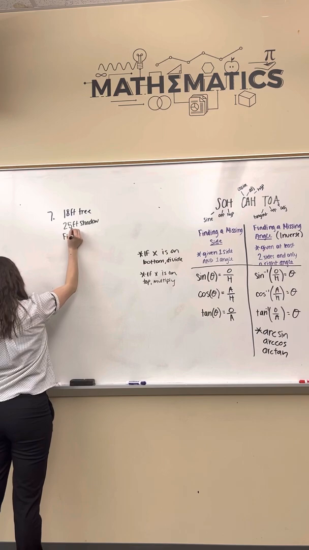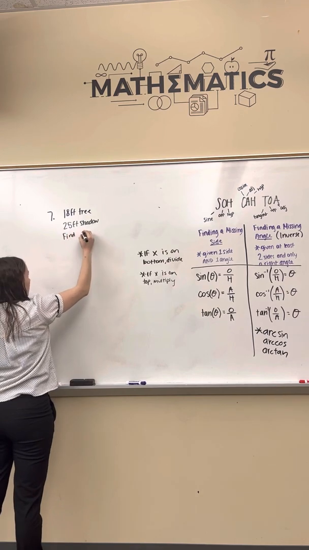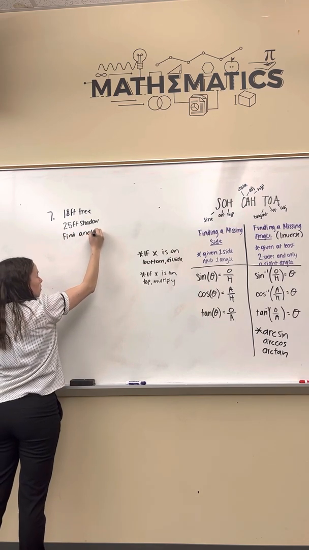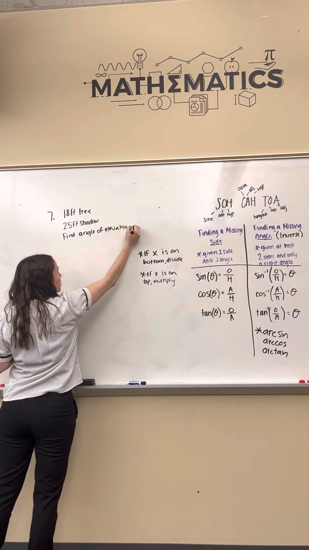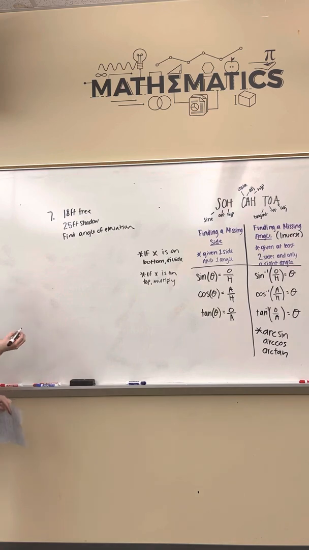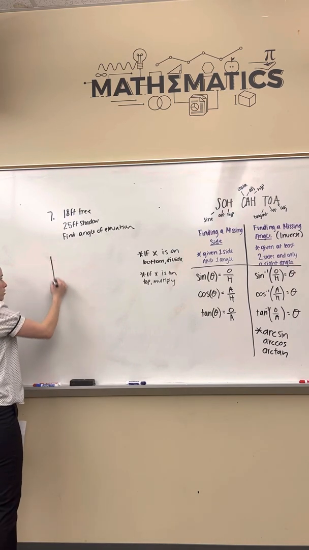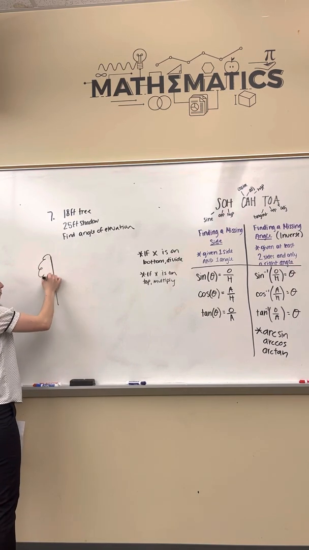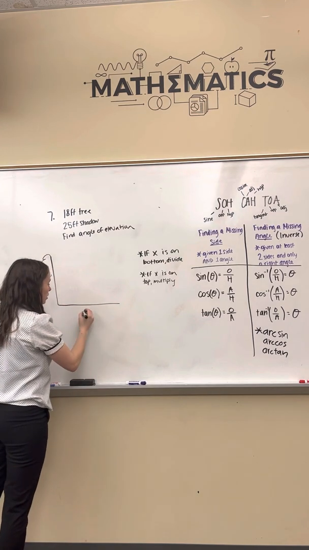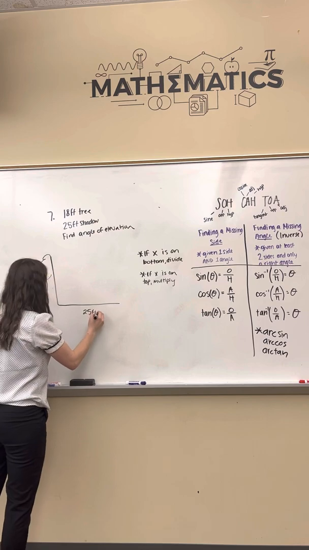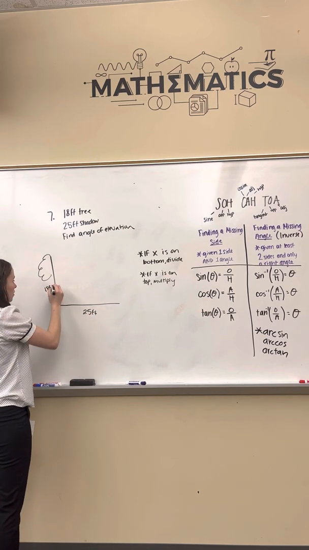Find angle of elevation. Cool. So the first thing you want to do is draw a picture. So here is my tree. Here is my shadow of my tree. So there's 25 feet. There's 18 feet.